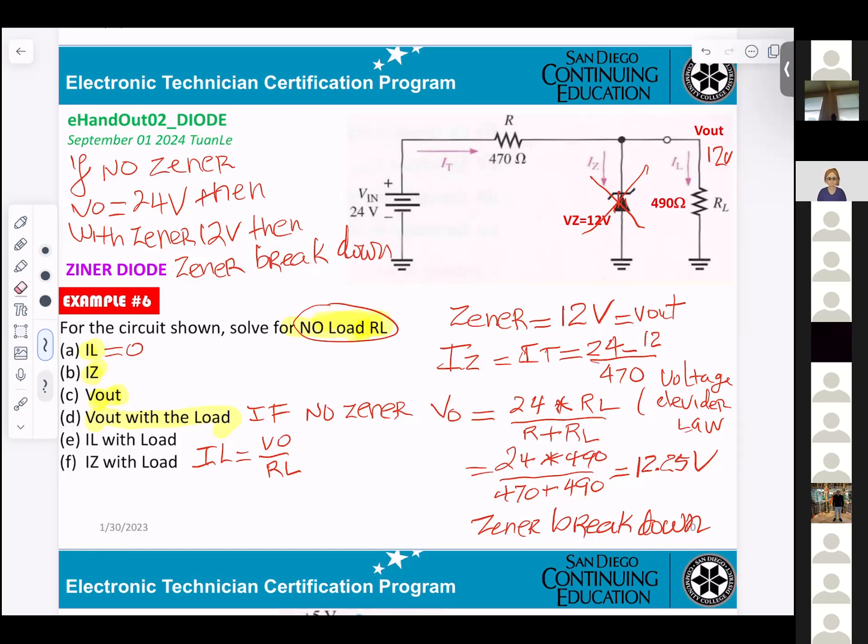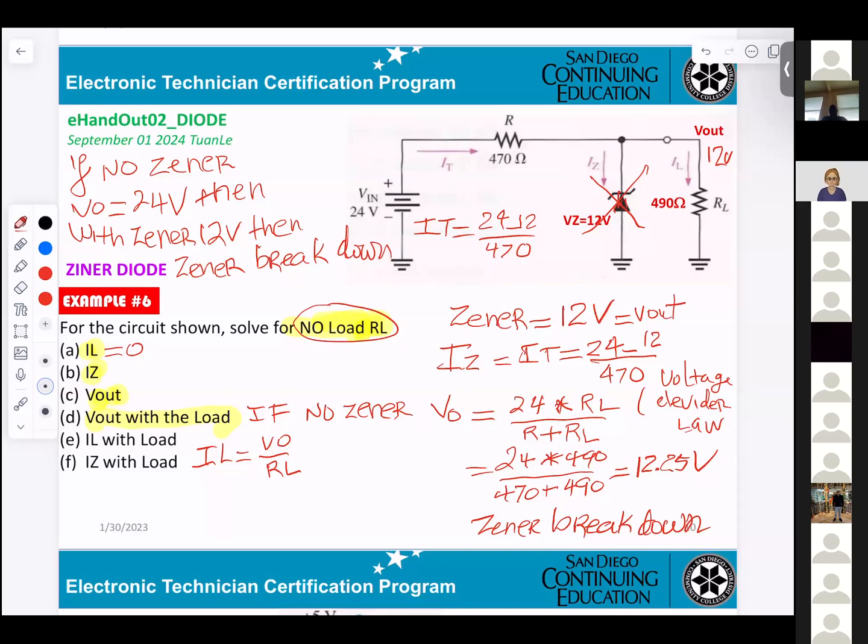You have to calculate the total IT. IT equals 24 minus 12, divided by 470.